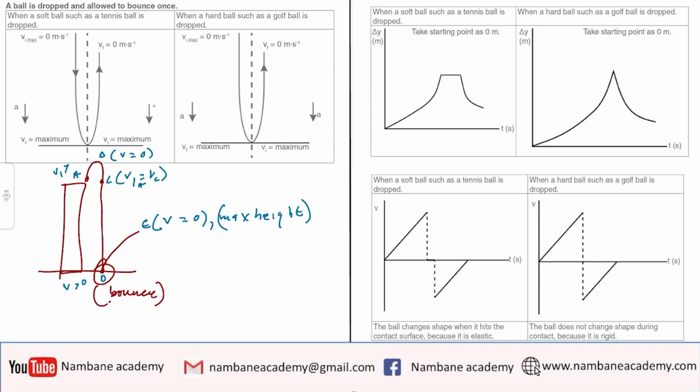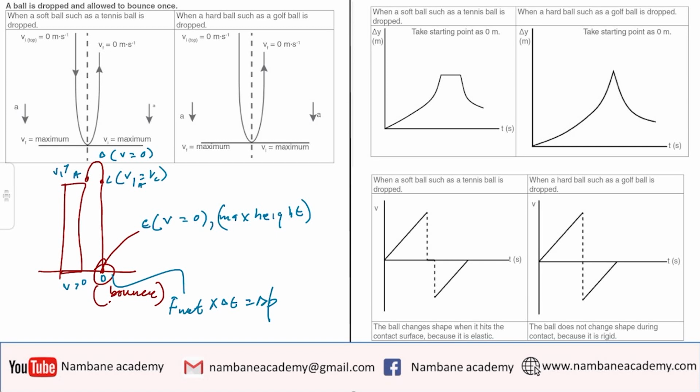Because if D is a collision with the ground, it means we are going back to the momentum. And then here, ladies and gentlemen, I must apply F net multiplied by change in t is equal to change in p, which is the impulse. Why?